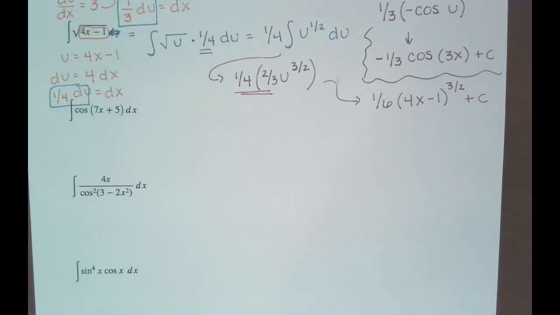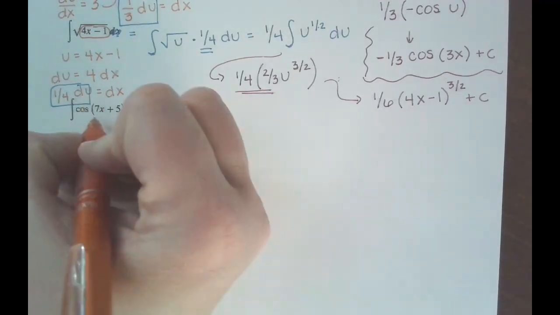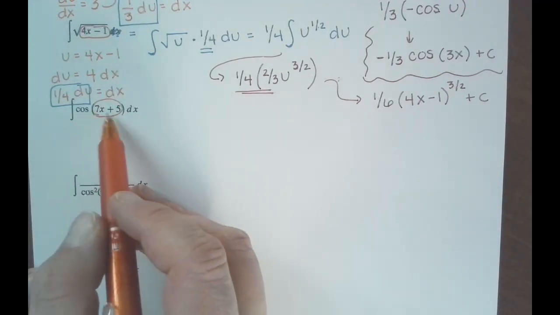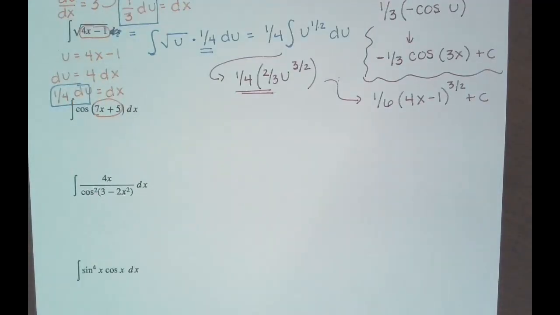Because this is another one that could be an easy one. The 7x plus 5, if I were to find the derivative of it, it's just a 7. And that means a 1/7 is going to show up in my antiderivative.